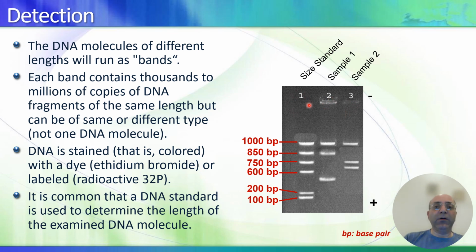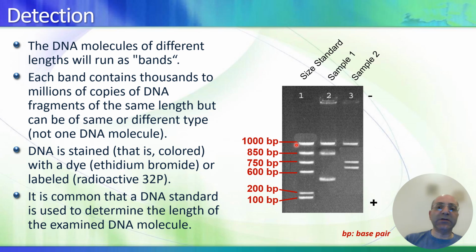In this well, we add what we call a size standard, which is basically a sample that we usually purchase or prepare in the laboratory. And it contains DNA molecules of different sizes. And we know what the sizes are.